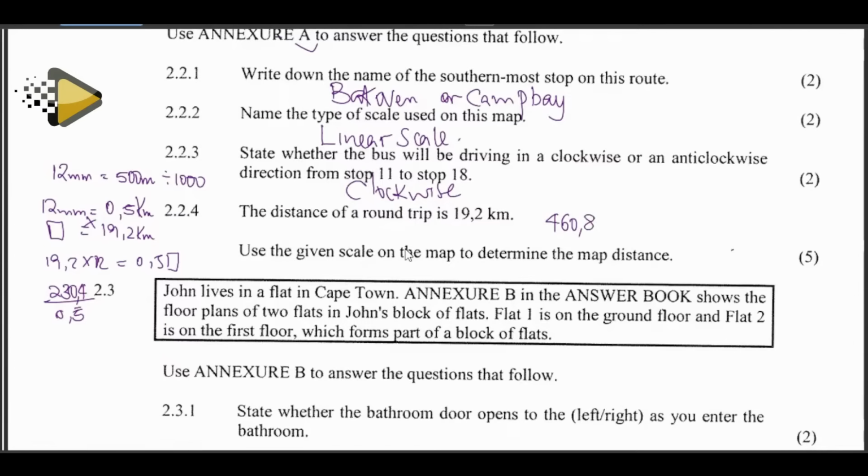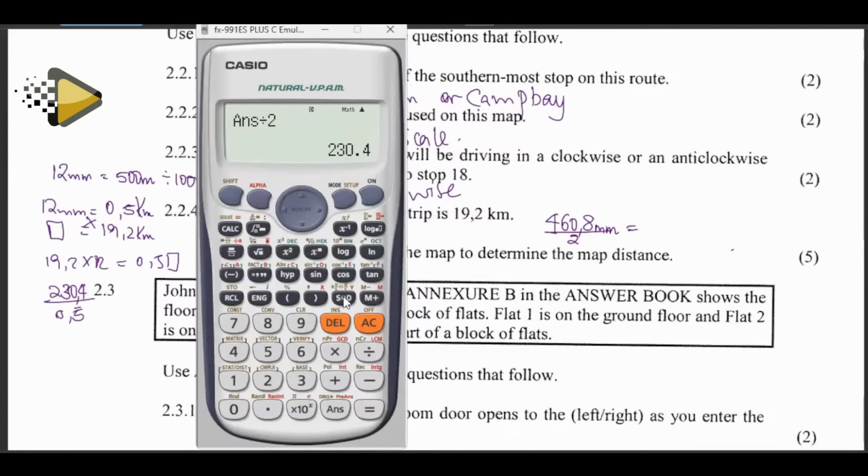Remember, these are millimeters, and don't get scared. But since they said a round trip, meaning a single trip, you would divide it by 2 to make sense out of it, which is 230.